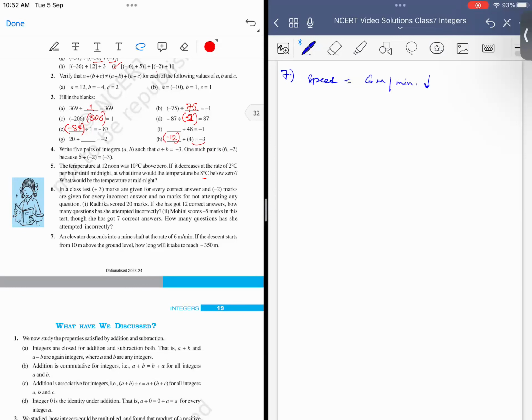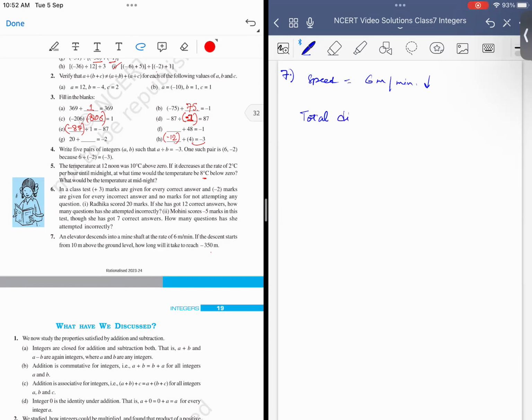If the descent starts from 10 meters above the ground level, how long will it take to reach minus 350 meters?